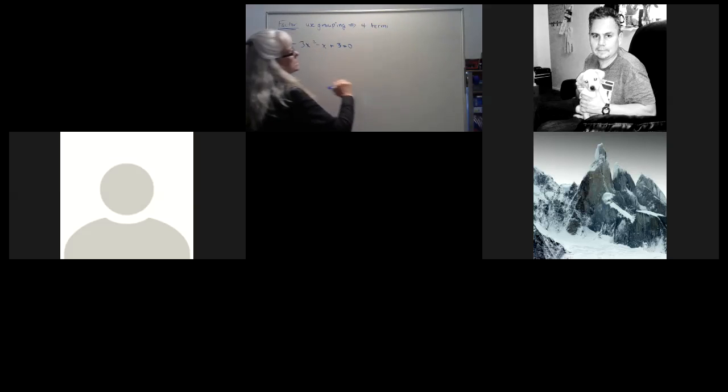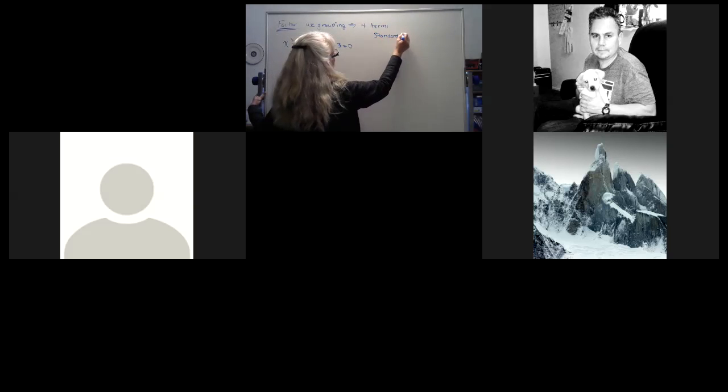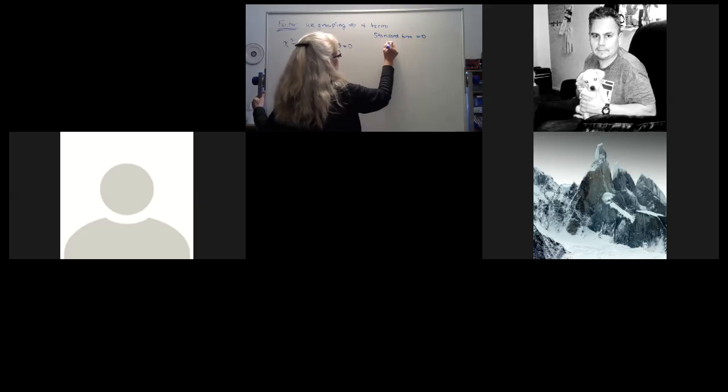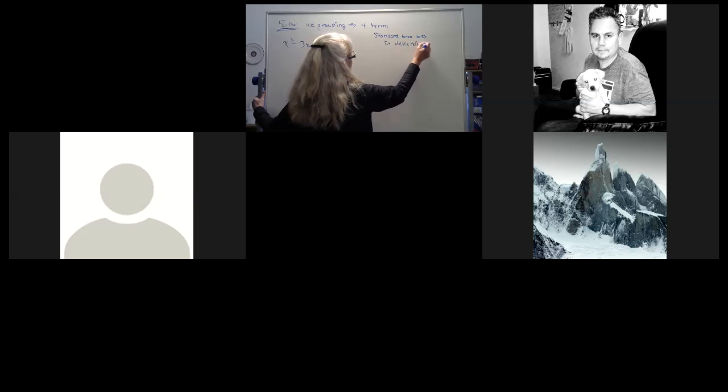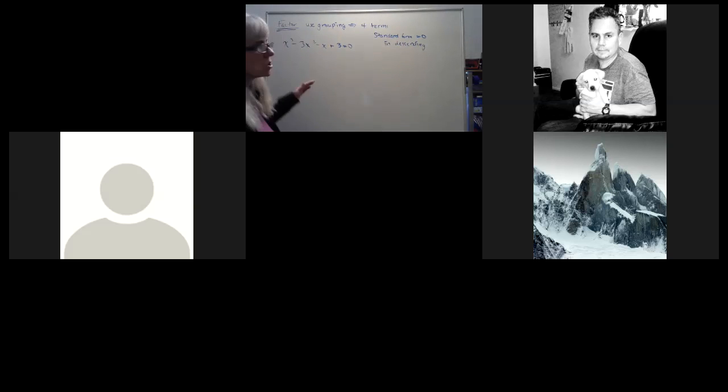You want to make sure that it's set equal to 0 in descending order. So the standard form says that it's equal to 0 in descending order. So if it's not equal to 0, move everything over, make sure it's in descending order that you do it.